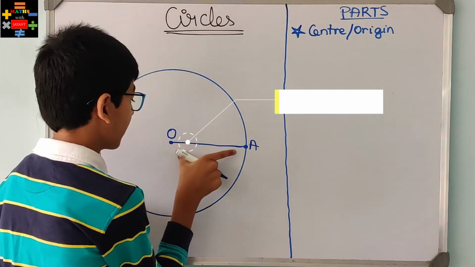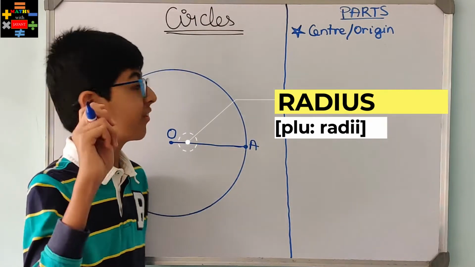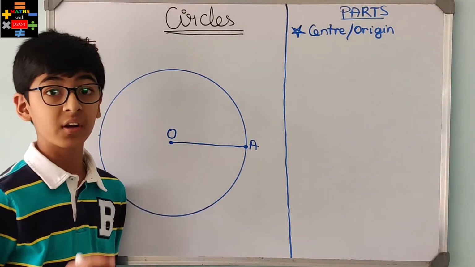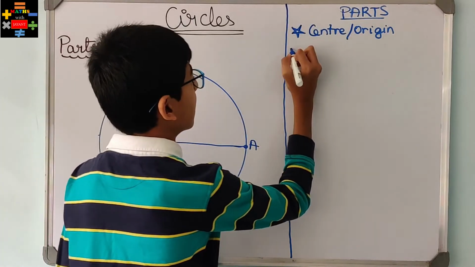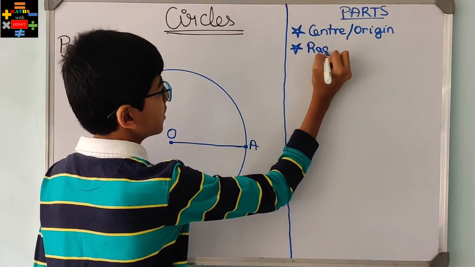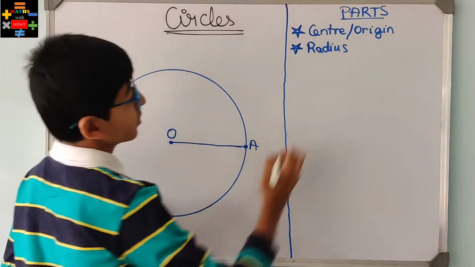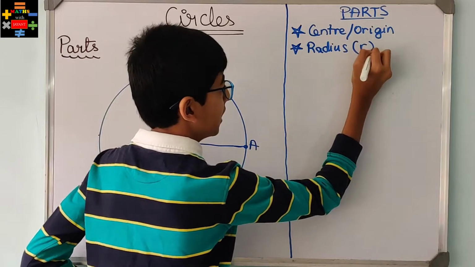This line which connects this is called the radius. Its spelling is R-A-D-I-U-S. For radius we denote it by a small r.